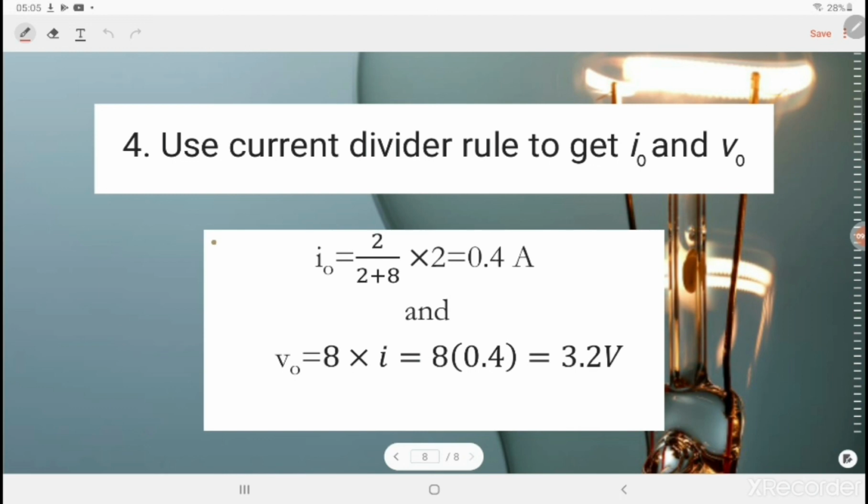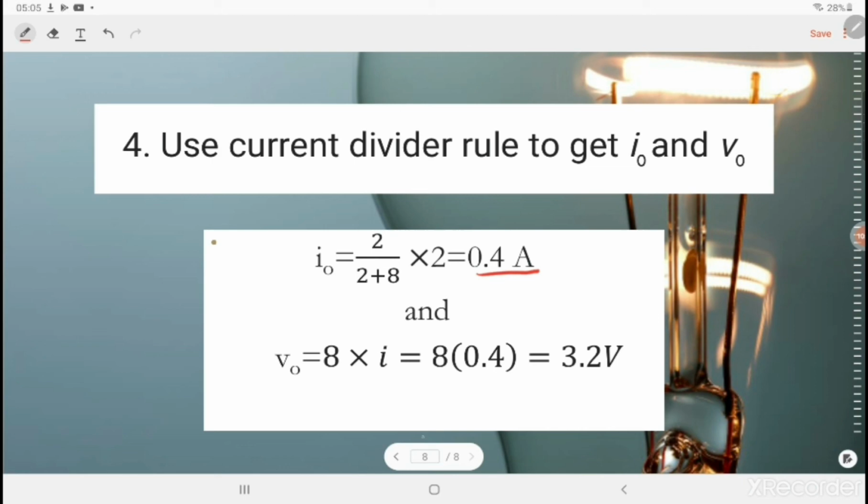By using the current divider rule to get I0 and V0, I naught is equal to 2 divided by 2 plus 8, times 2, where 2 is the current source. Therefore, the I naught value is 0.4 ampere.